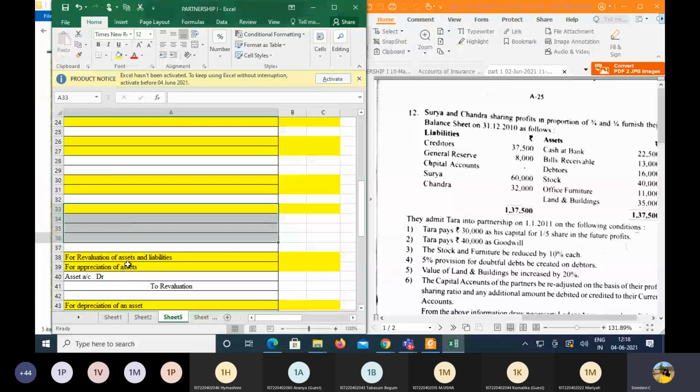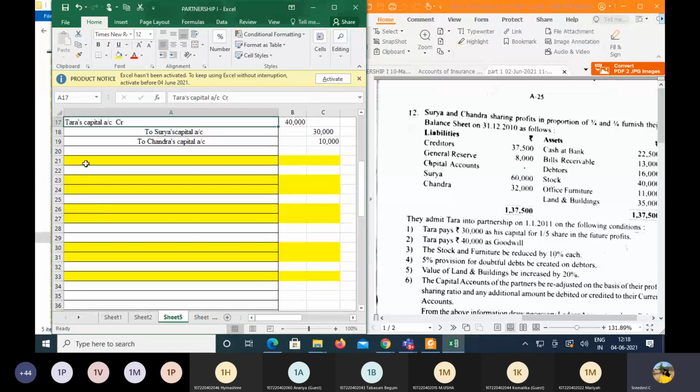Because all three are considered a loss, as there is a reduction in the value of the asset, revaluation account debit, I'll clearly mention it as to: first stock, followed by to furniture, and to provision for doubtful debts, and I can also mention the percentage.